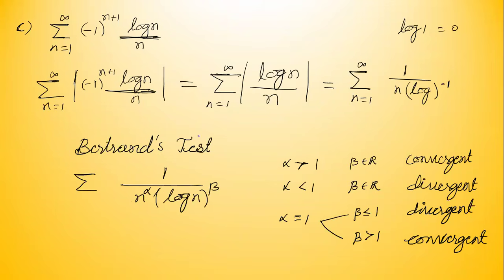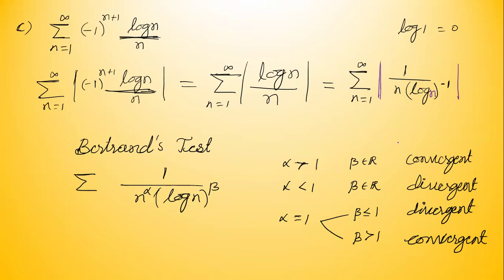Next, by Bertrand test. See, if you take modulus, this value becomes 1. Next, if we take log n to the denominator, we get 1 by n (log n) raised to minus 1. Here, alpha is 1, n raised to 1 is there.